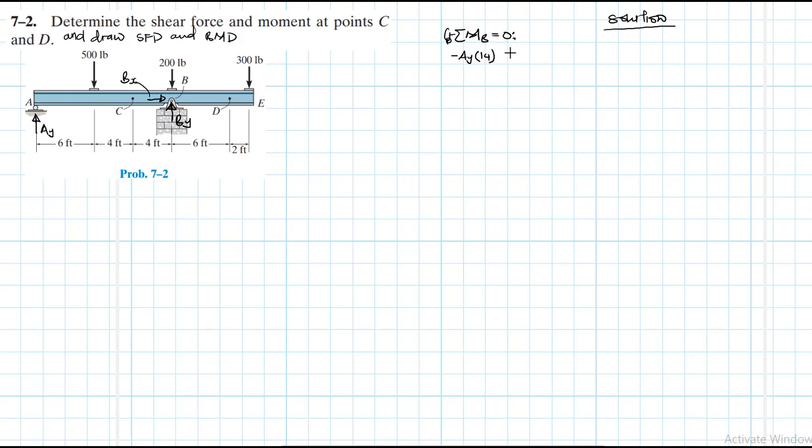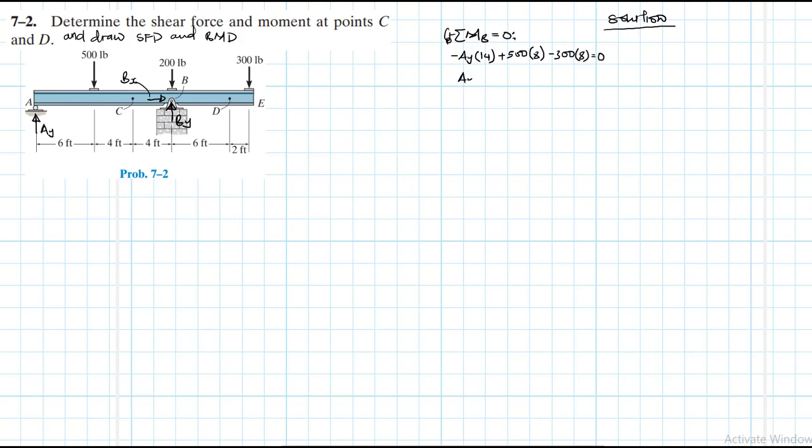Okay, 6 plus 4 plus 4, then plus 500 times 8, and then minus 300 times 8 equal to 0.